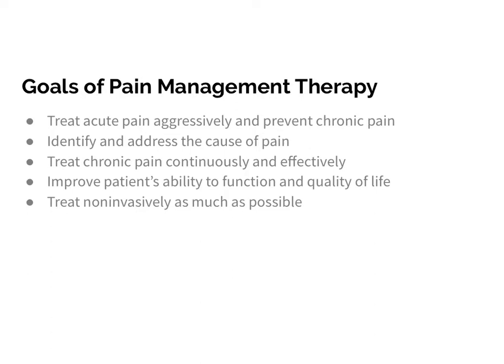We want to treat chronic pain continuously and effectively and improve the patient's ability to function and quality of life. Not all pain is inherently going to be eliminated completely, but most patients will say that they can deal with a certain amount of chronic pain if their disease state is such that it demands that.